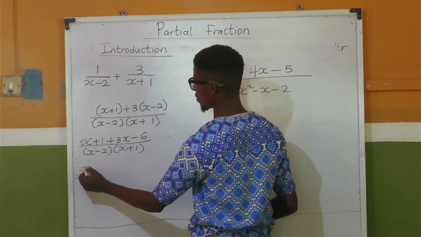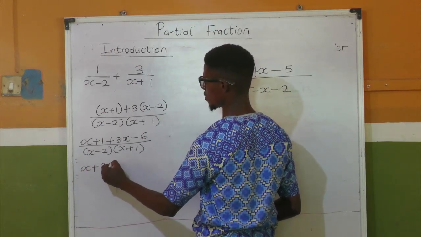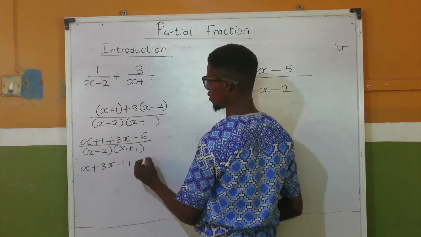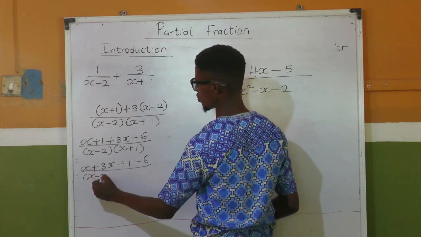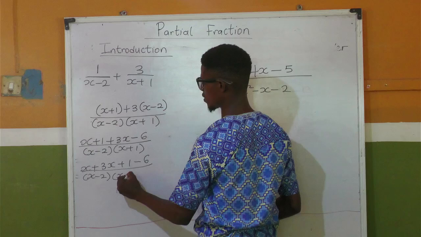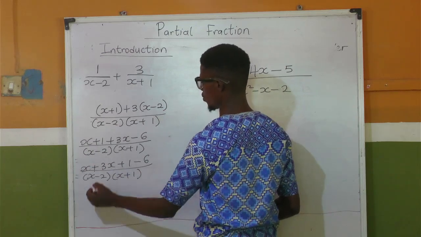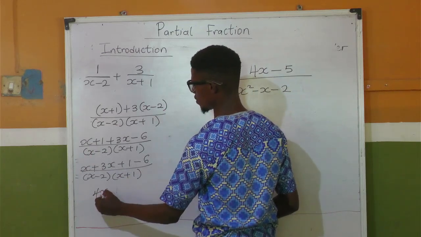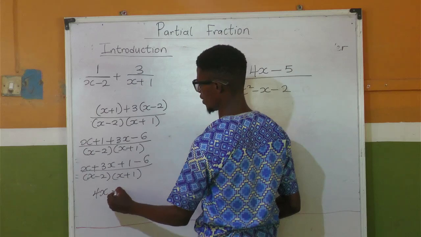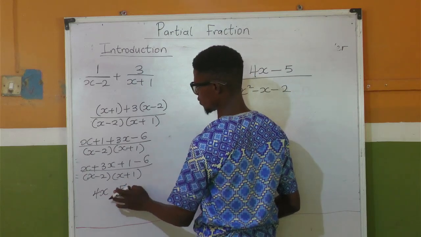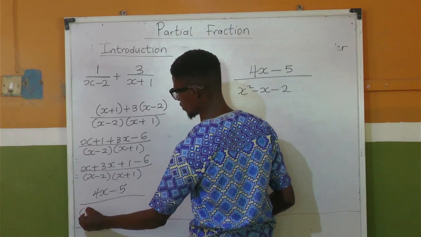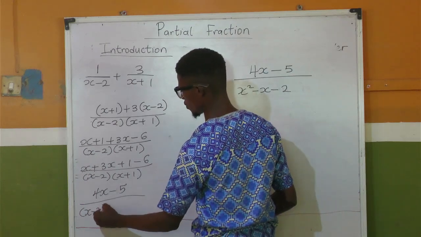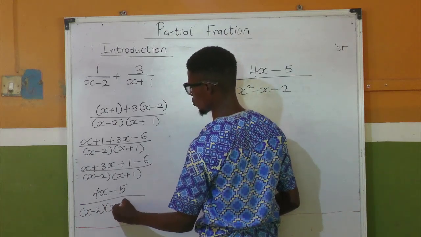We have x plus 3x, plus 1 minus 6, over x minus 2, x plus 1. So what we have here is 4x minus 5 over x minus 2, x plus 1.